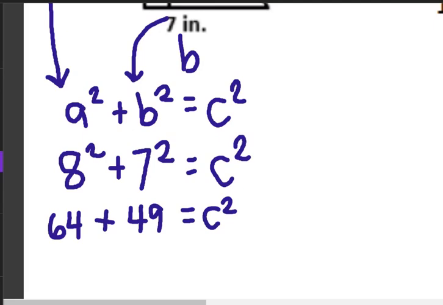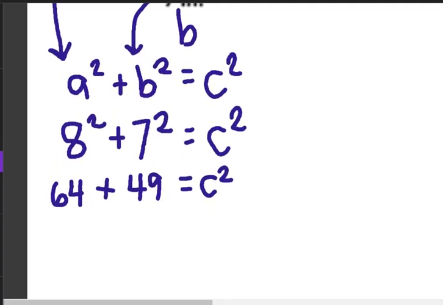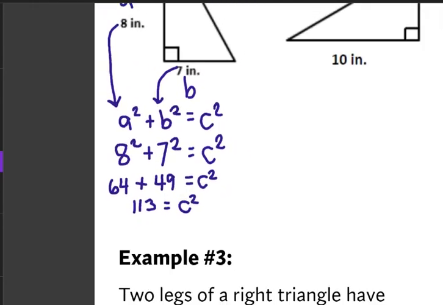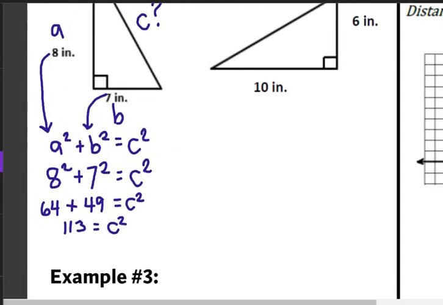Okay, now we add those up into our calculator, and we get this 113 equals c squared. But if you look up here, we don't want to find out what c squared is. We want to find out what c is.